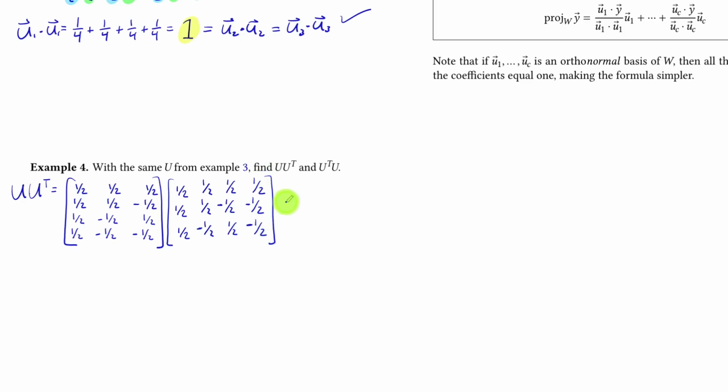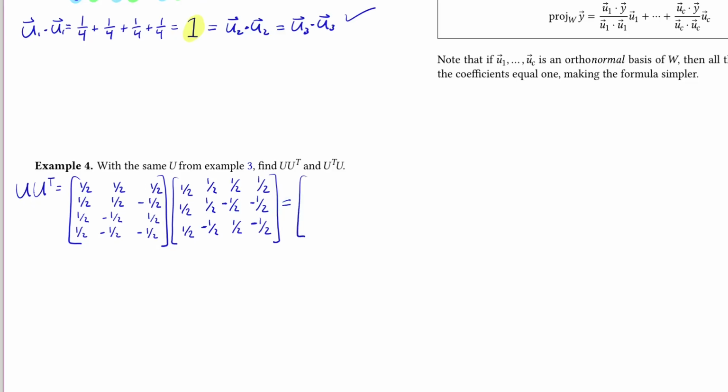So let's just use the row-column rule to multiply this out. This is going to end up being 4 by 4. The first entry is going to be the dot product of row 1 of u with column 1 of u transpose. That's going to end up being 1/4 plus 1/4 plus 1/4, which is 3/4.